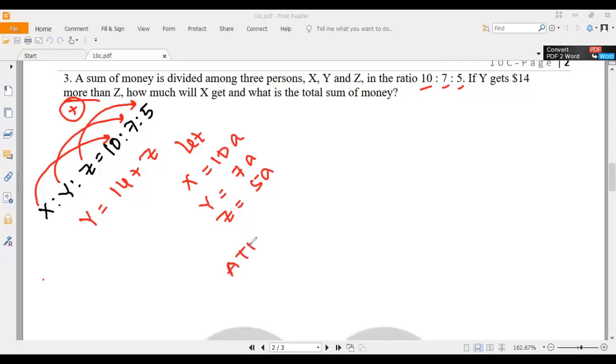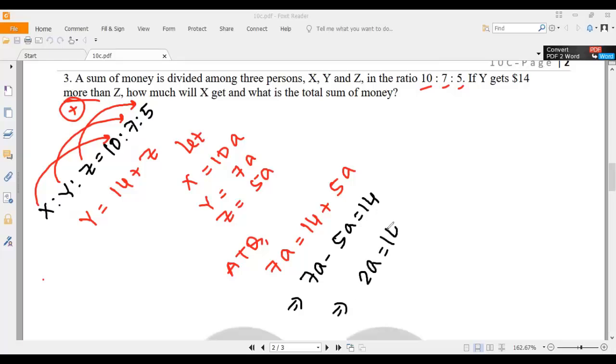According to the question, 7A equal $14 more than Z. That means 14 plus 5A. So 7A equal to 14 plus 5A. If I move 5A on this side, it will be 7A minus 5A equal to 14. That means 2A equal to 14 or A equal to 14 by 2, 7.